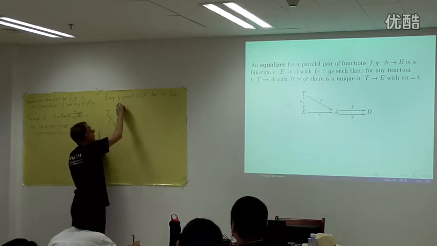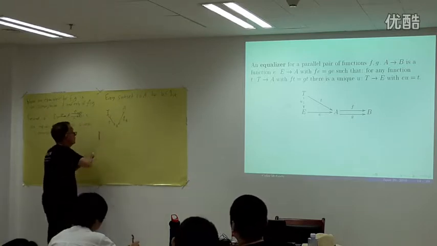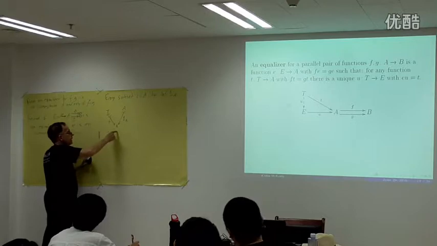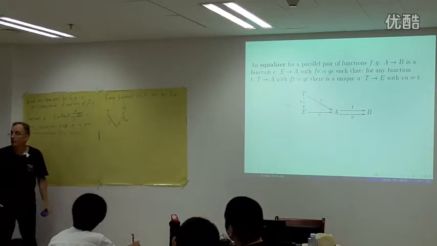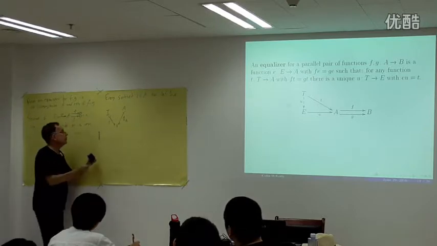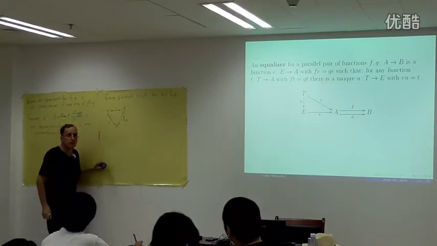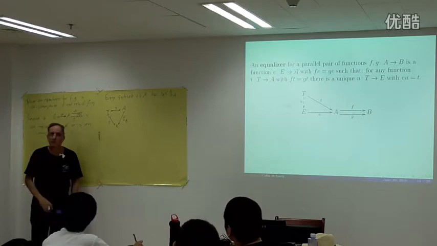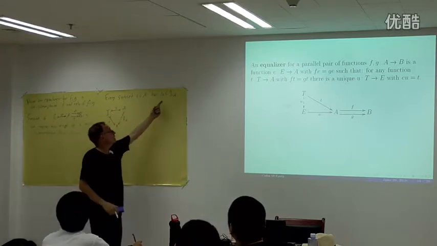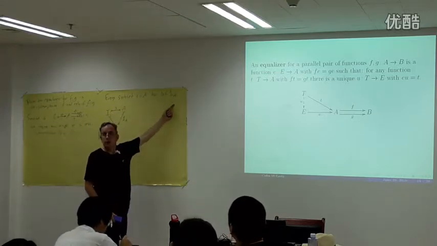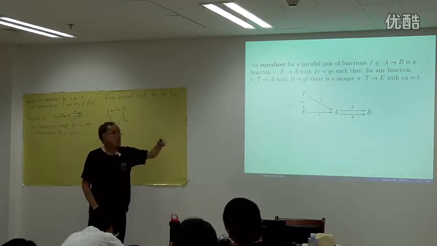I want to show that for every subset of A factors through here. It factors through the only way it could, it factors through by itself. So every subset is a subset of the maximal one. That makes sense.